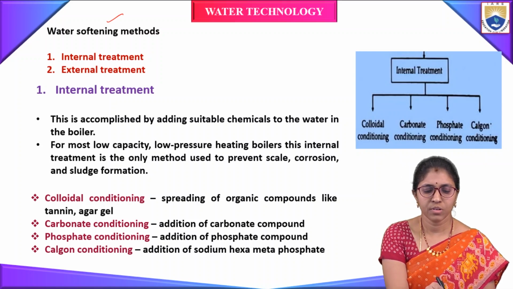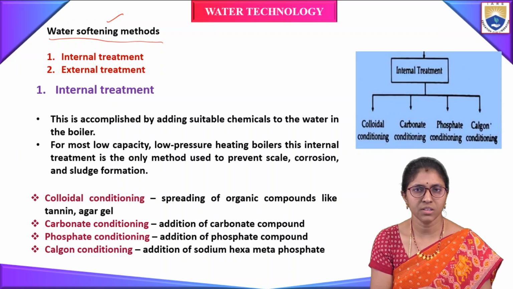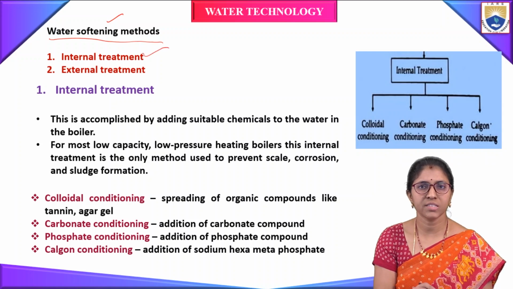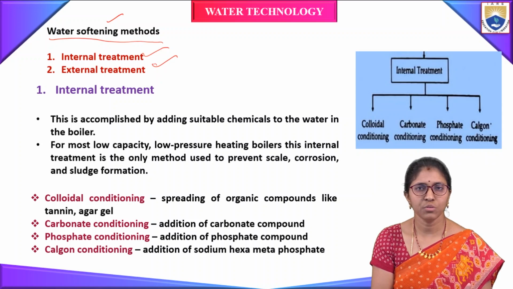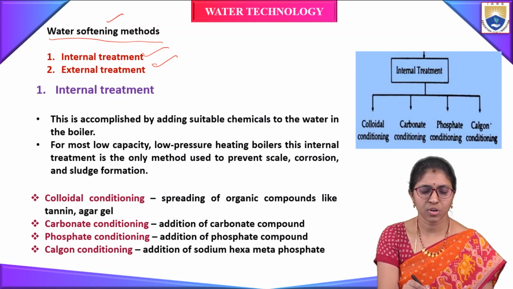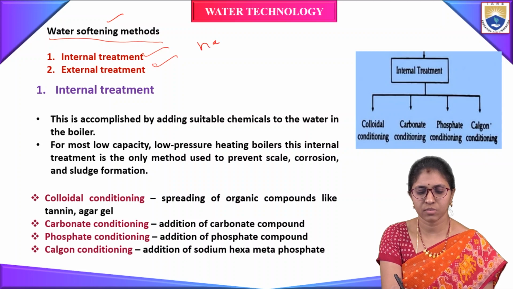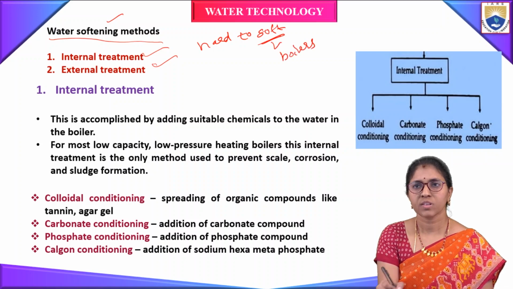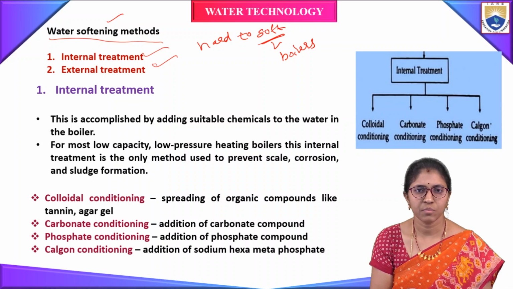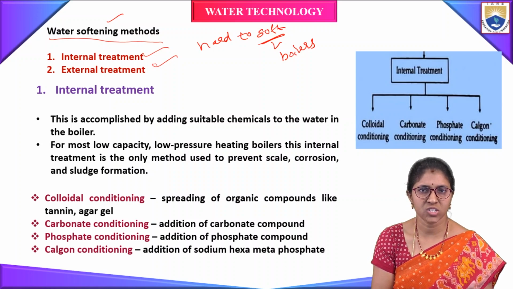We have different water softening methods: the first one is internal treatment, the second one is external treatment. We have to convert hard water to soft water, which is very useful in boilers for steam generation.